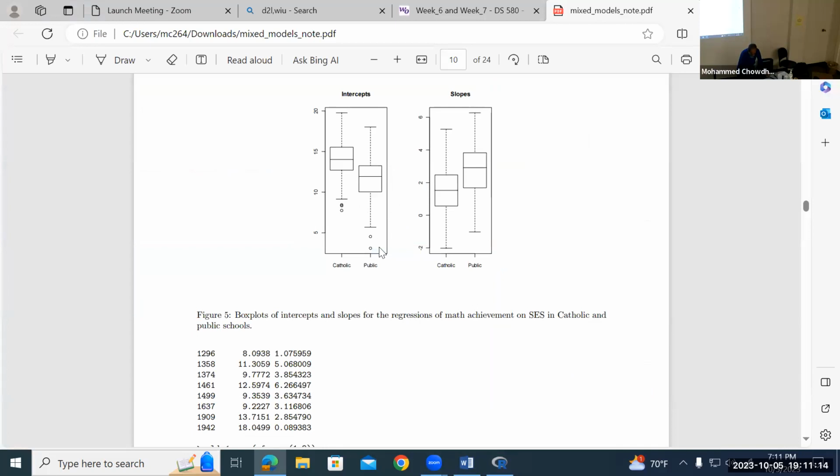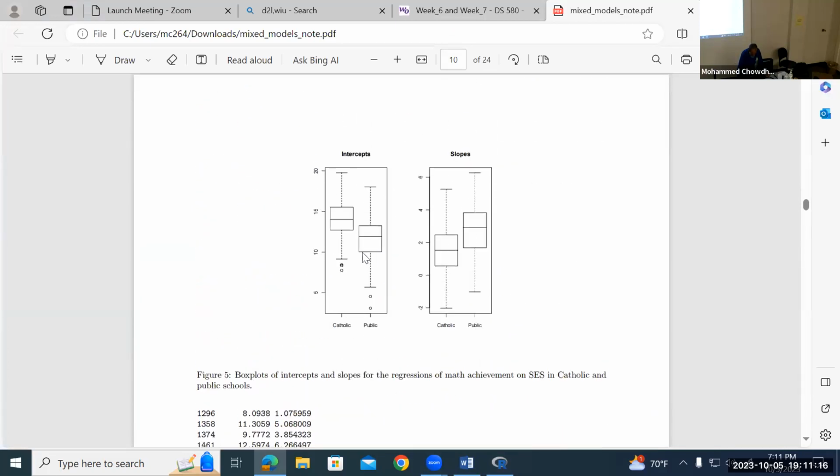After reading these things, you have an intercept for Catholic and public. Now this is two box plots for the intercept, for the Catholic and public. That is also different, which is a justification for using a linear mixed effect model, because the minimum, maximum, and everything is different.